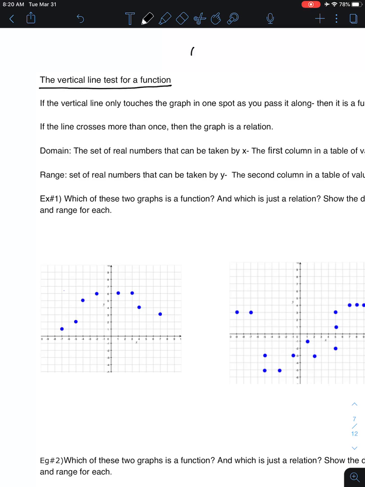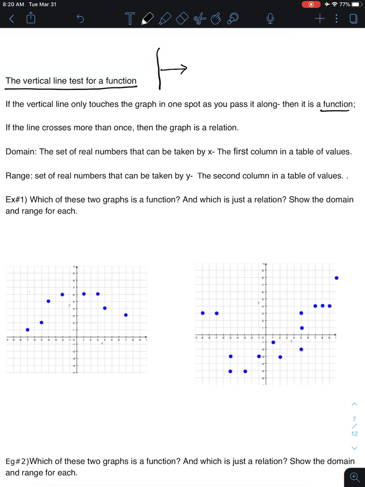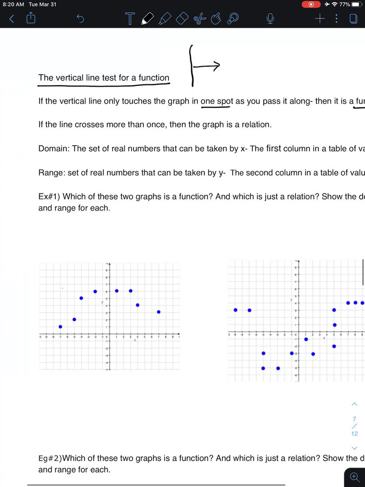So I pass a vertical line, in my head, just imagine it, I move it across a graph, and if it touches the graph in one spot as you pass it along, then it's a function. So if it only touches it in one spot the whole way along, then it's a function. If it crosses more than once, then it's only a relation.